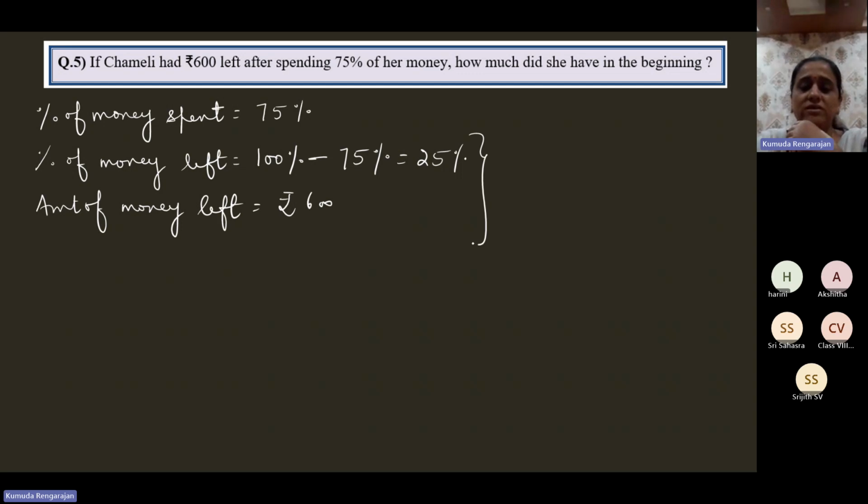Now these two represent the same information, right? It's about the money left with Chameli. What's the percentage of money left with Chameli? 25%. What's the value or the amount of money left with Chameli? 600. So you can construct an equation using 25% and 600 rupees because both are relevant.